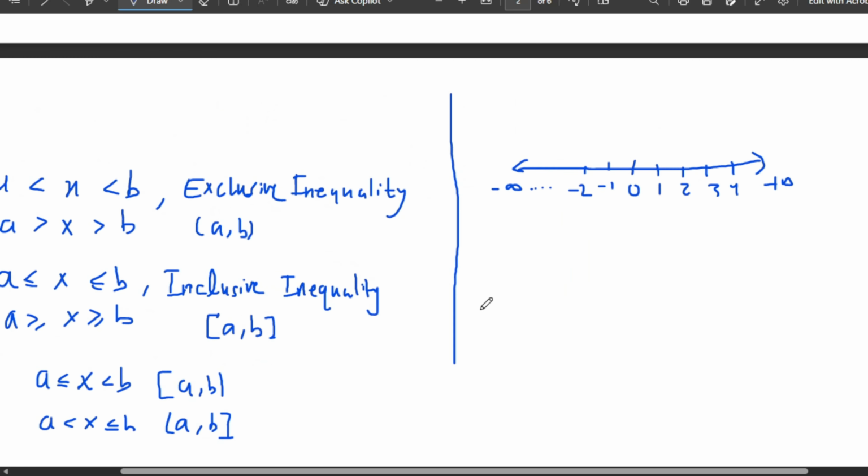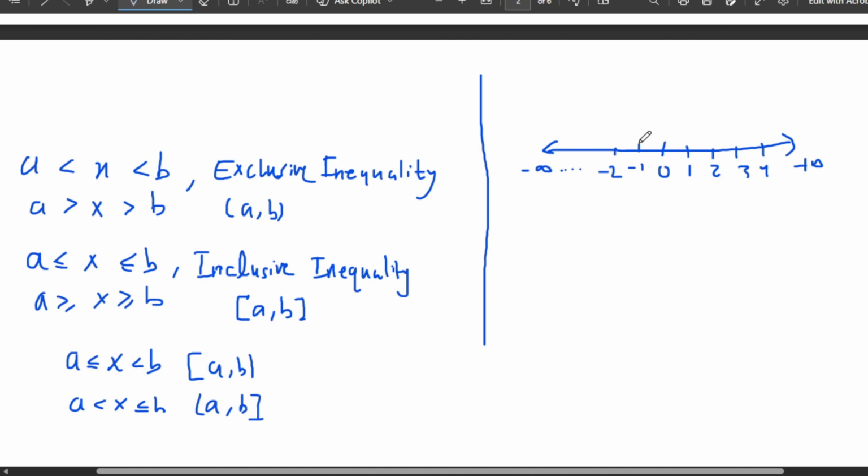Okay, so we can write this on the number line.